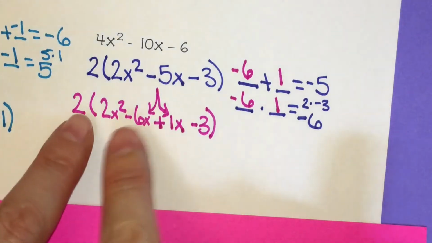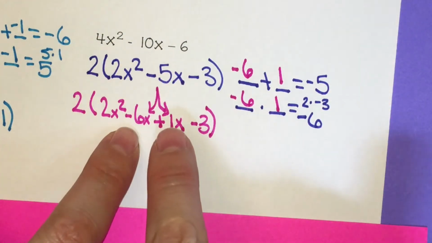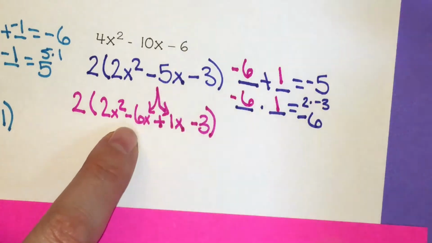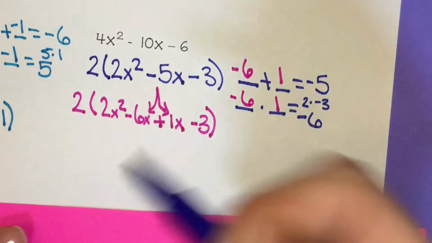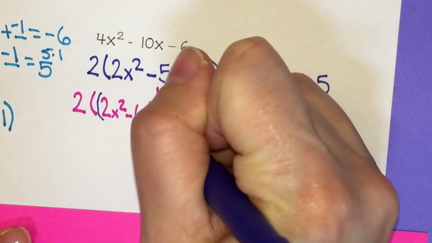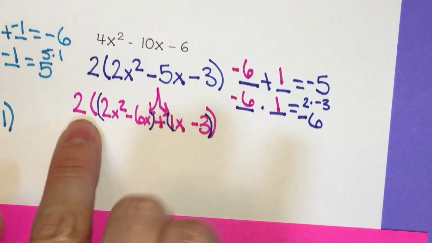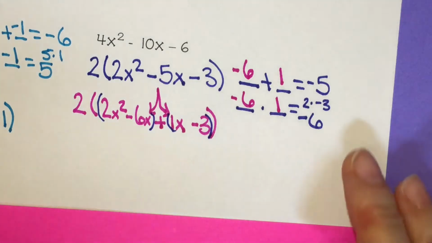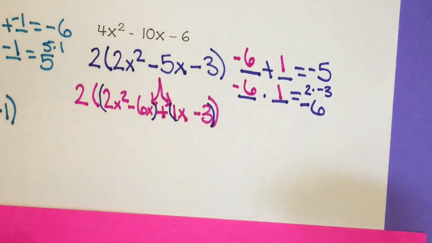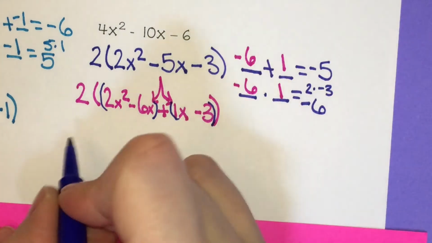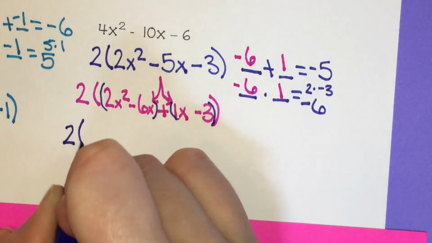It was exactly the same, it's just that I split negative 5x into negative 6x plus 1x. Okay, so I have to put parentheses around my first 2 terms and my second 2 terms. I have to leave that times 2 on the outside. We'll deal with that later. It just stays outside the giant parentheses. So I'm going to have 2 times something.